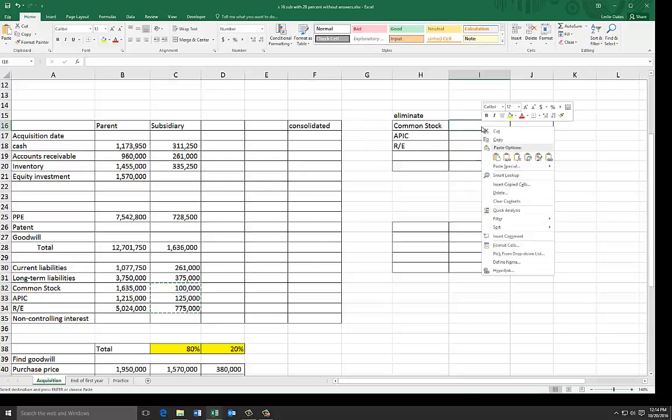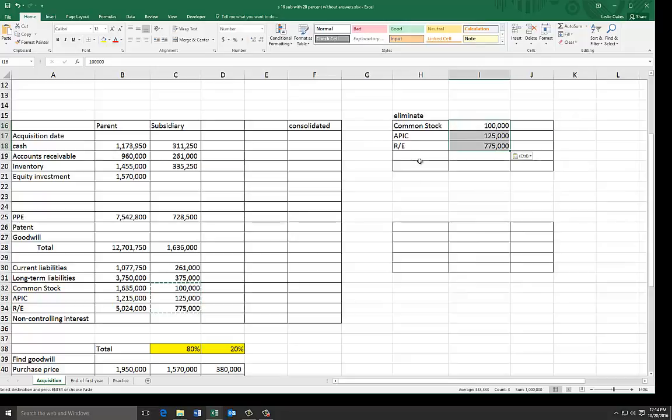Well, these are all at beginning of the year, because this is the date of acquisition. Now there's no goodwill involved in that, so we're just going to take out of the investment the 80% or the controlling percentage.